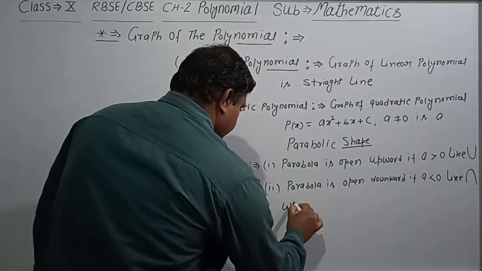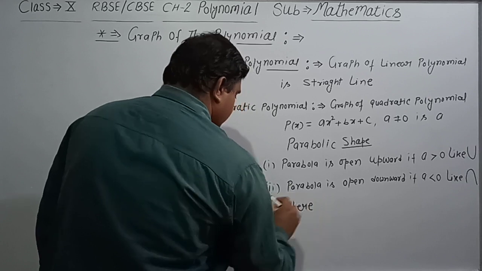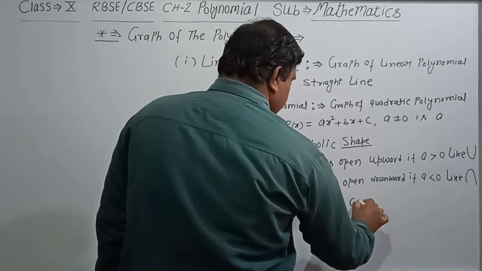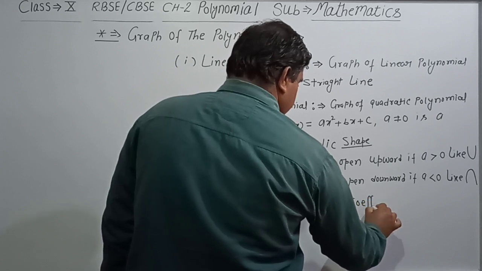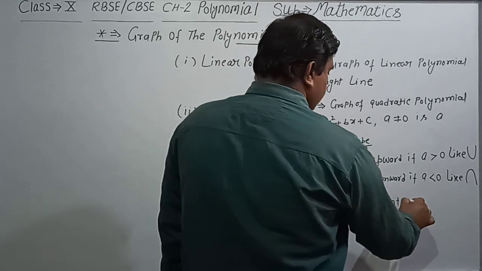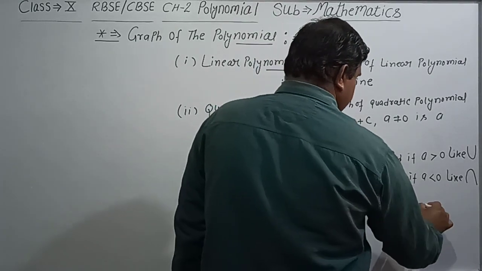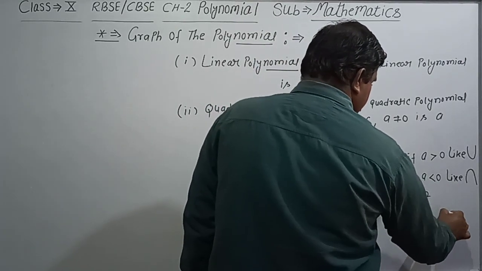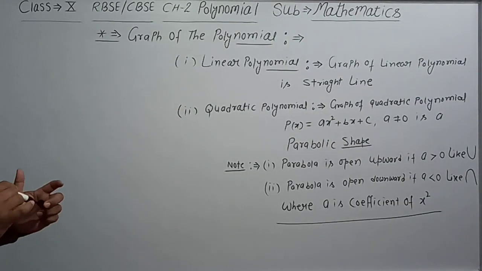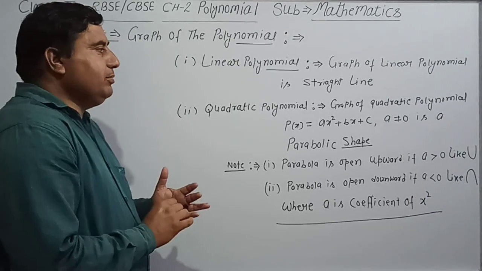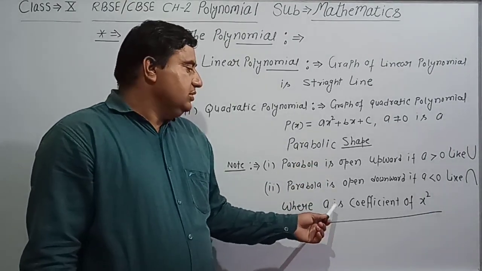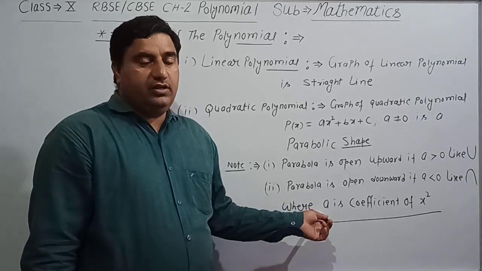Where a is the coefficient of x square. So the graph of the polynomial depends on the coefficient of x square.